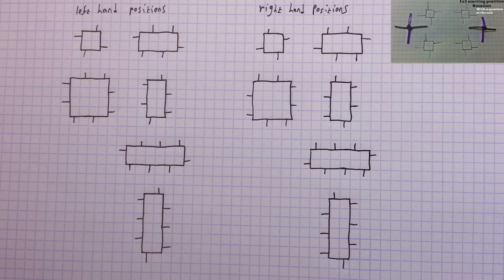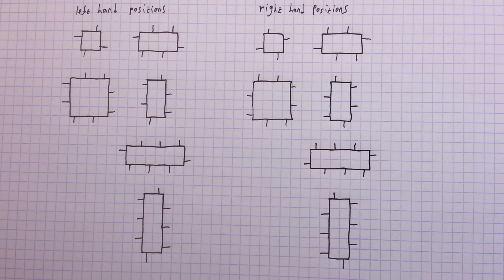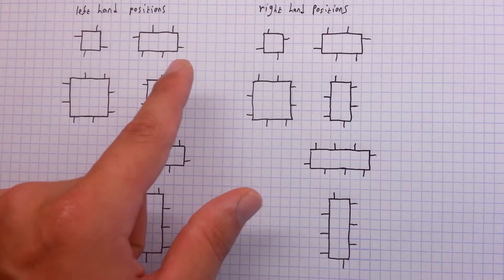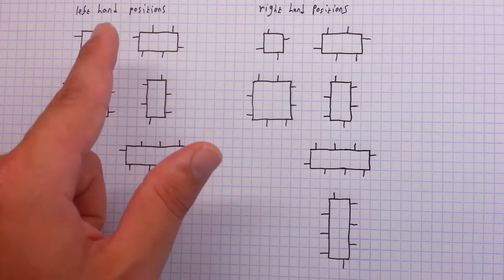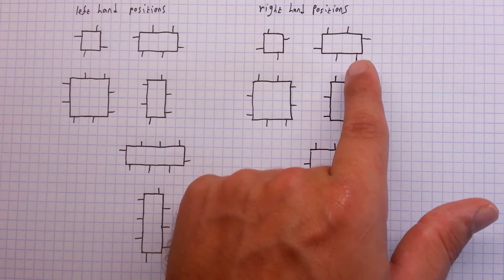We saw in a previous video that you have two options for a 1x1 position, either a left hand or a right hand, and that will be the same for the other sizes. So for example, for 2x1, the farthest string that points towards me is on the left here, and here the farthest string pointing toward me is on the right.